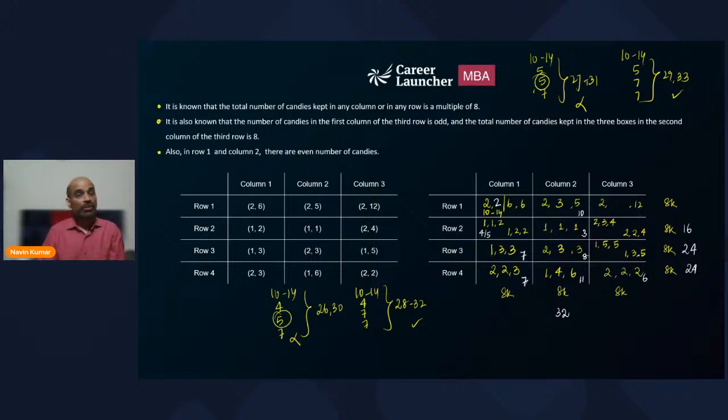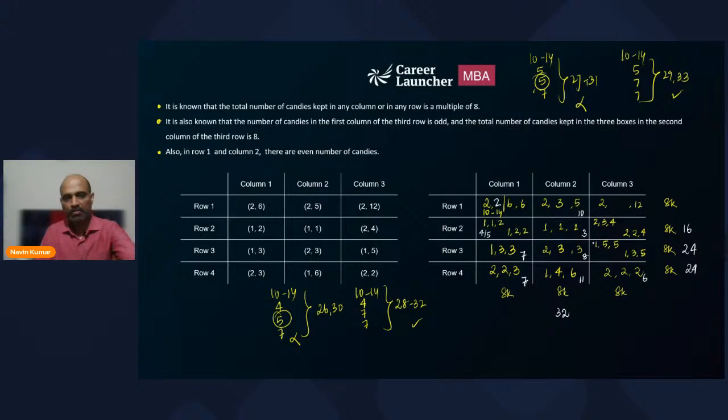Let's look at row 3 now. In row 3, 3 out of 2 cells we have already filled, which is 15. So we need a 9, right? 7 plus 8, 15. We need a 9. 9 chahiye tha, na?